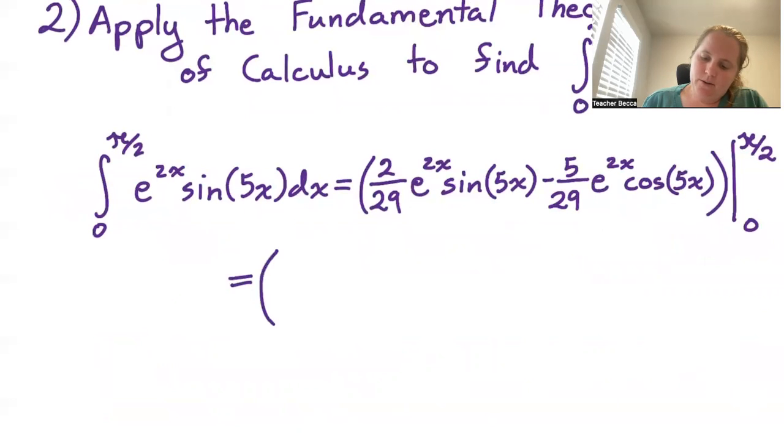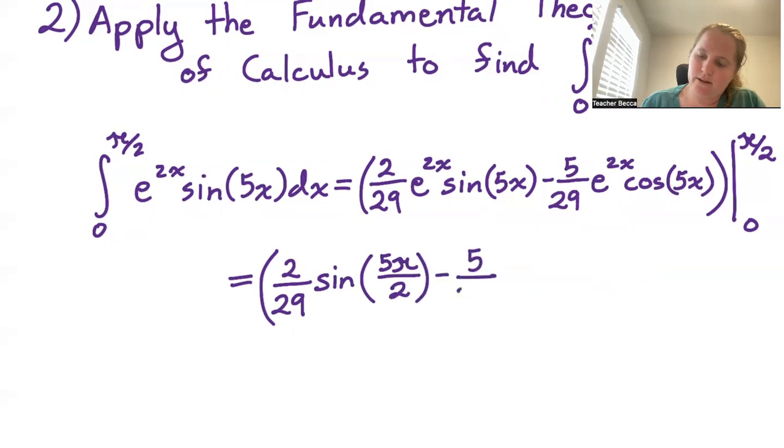This becomes 2/29. I'm going to factor out our e to the 2x. So we have 2/29 times sine of 5 pi over 2 minus 5/29 cosine of 5 pi over 2, all times e to the pi.